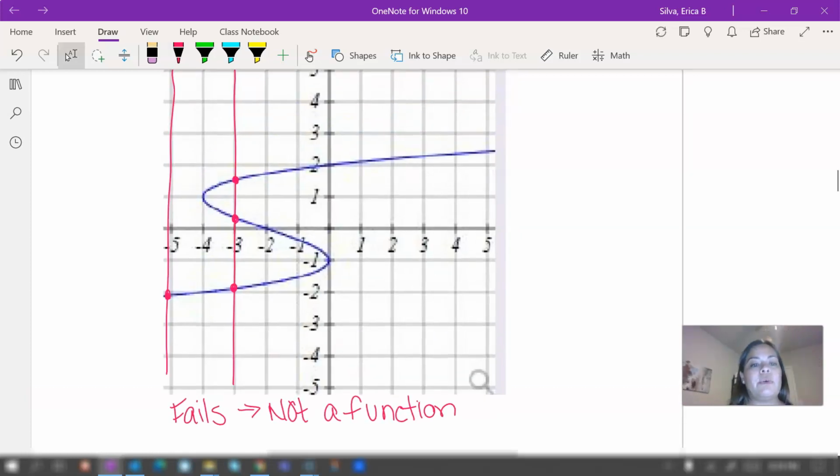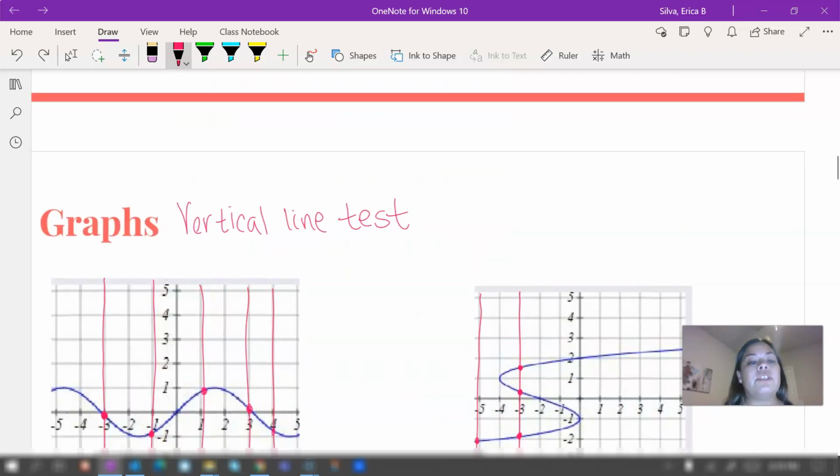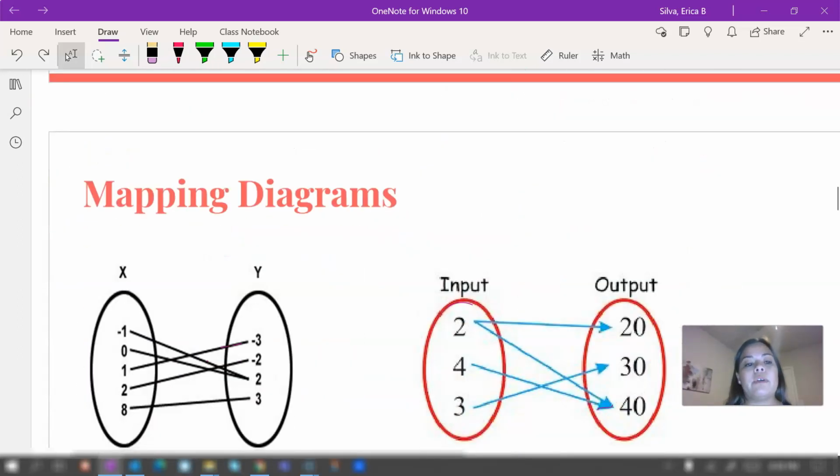Now, why is that so? Well, if you notice these 3 points, they all have an x value of -3. But this point has a different y value, this point has a different y value, and this point has a different y value, which means that x value has more than one output. So for graphs, again, we use our vertical line test.